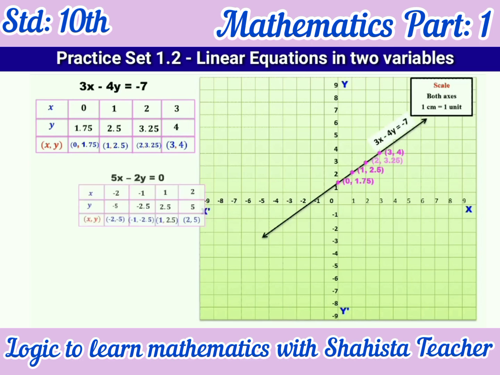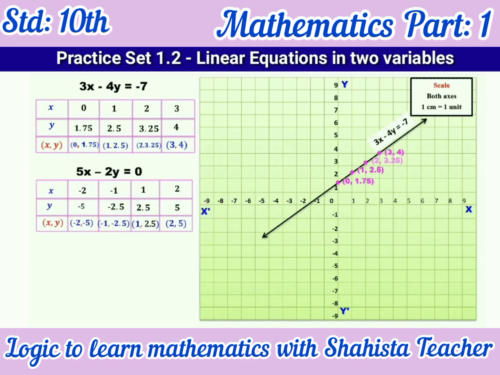Now the second table, 5x minus 2y is equal to 0. So here minus 2 and minus 5: minus 2 on x-axis and minus 5 on y-axis, blue color dot. Now again minus 1 and minus 2.5.